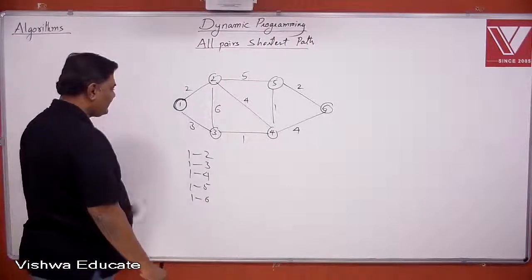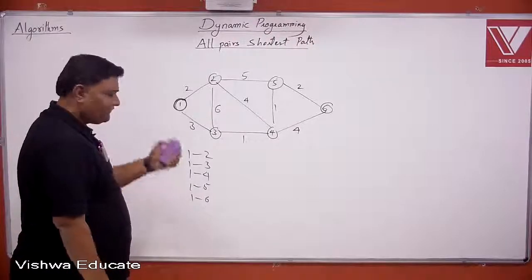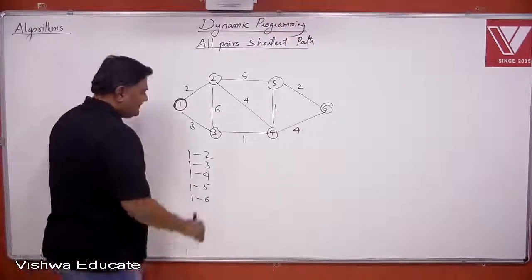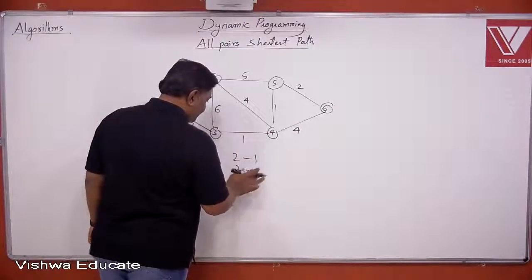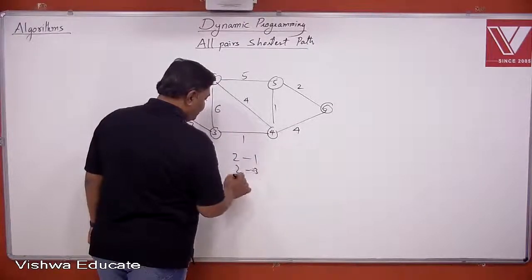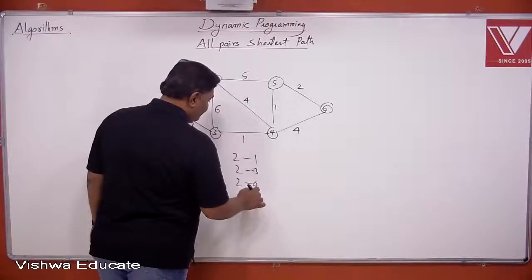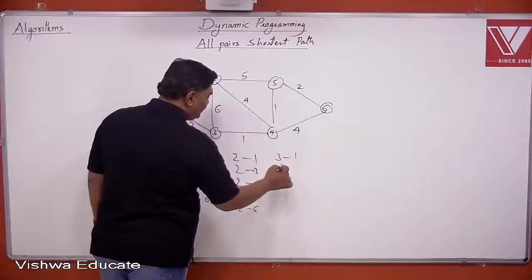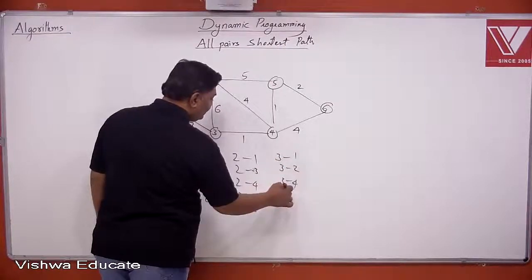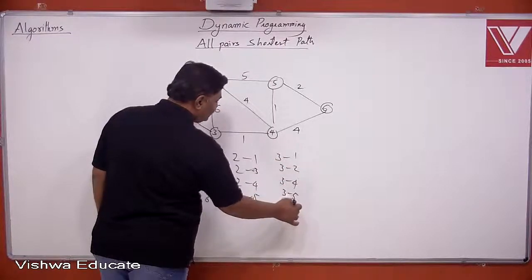We found the shortest path from 1 to 2, 1 to 3, 1 to 4, 1 to 5, and so on. Likewise, we also want to find 2 to 1, 2 to 2, 2 to 3, 2 to 4, 2 to 5, and 2 to 6. Likewise, we want the shortest path from 3 to 1, 3 to 2, 3 to 4, 3 to 5, and 3 to 6.